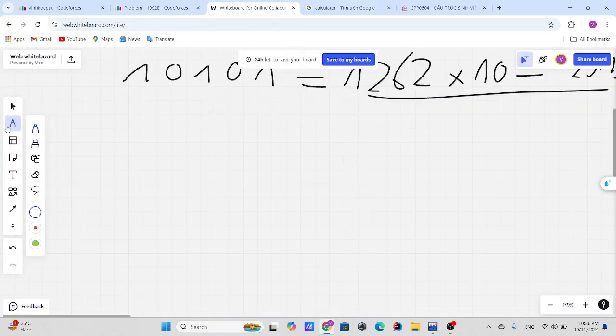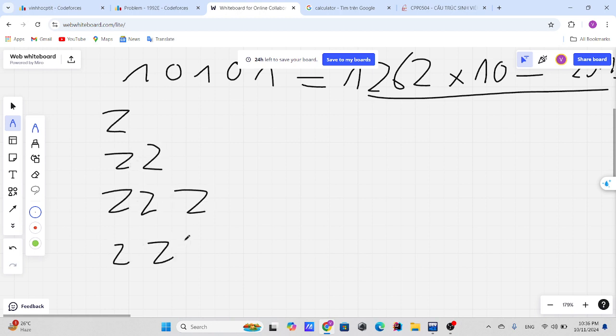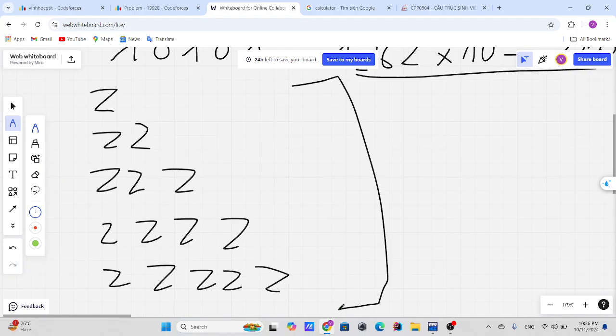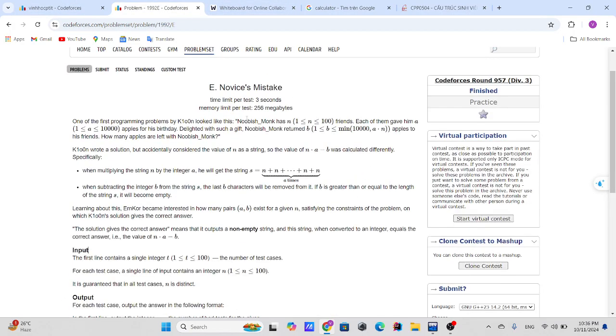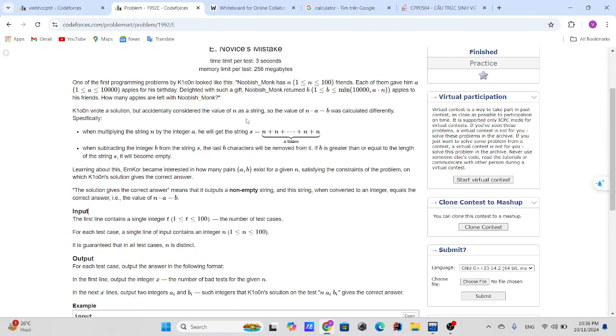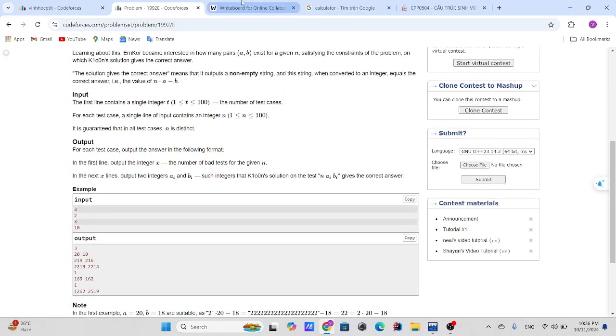For two, it could have been two, two, two, and so on, and you check all five of these. I don't know. I don't think so. Nah, only four of these, right?